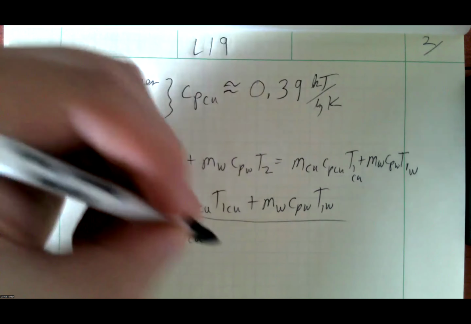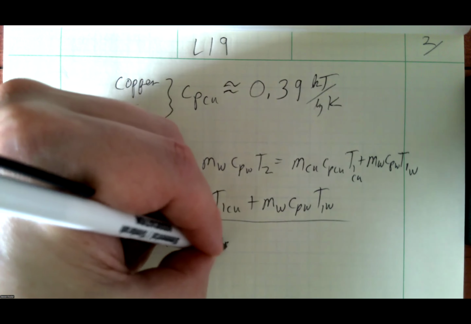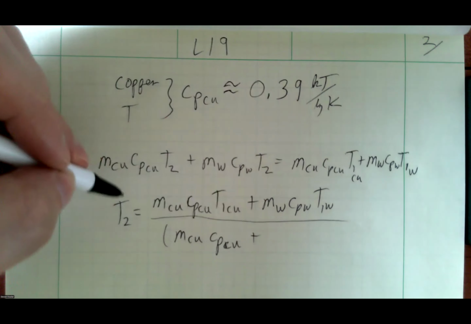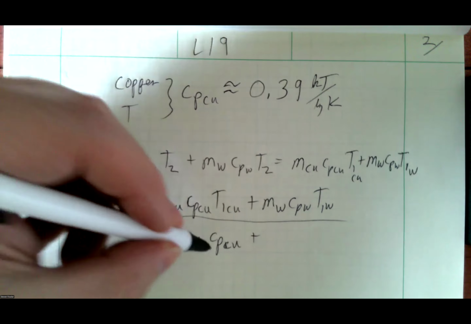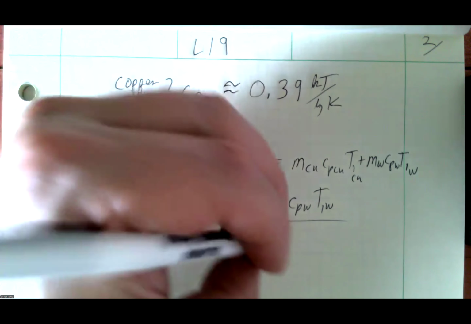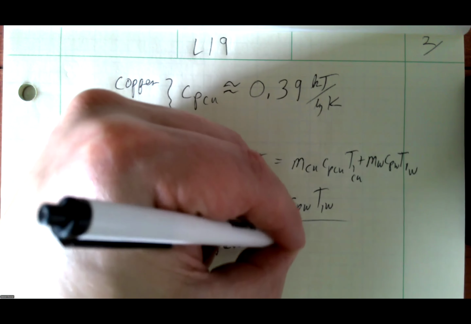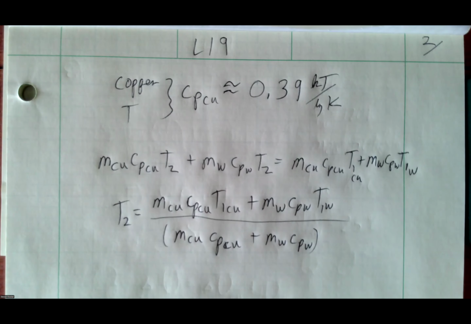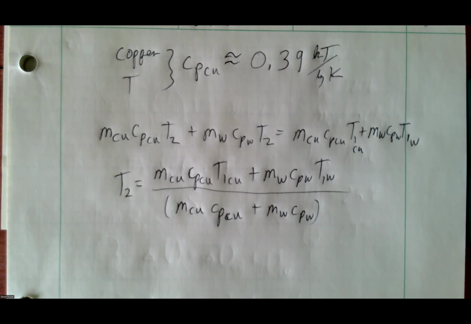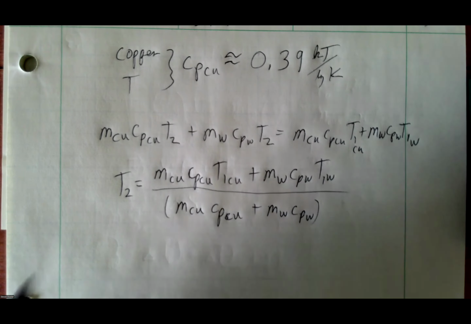Maybe that's the best way to say that. Math language is hard sometimes. So I'm going to divide by the quantity m_Cu C_p,Cu + m_W C_p,W. And now this is my only unknown. Everything else here is known.